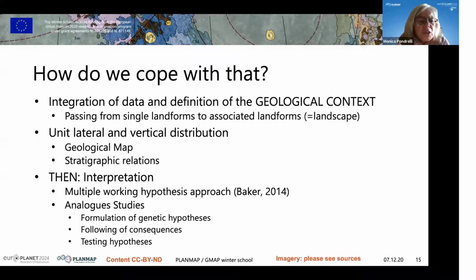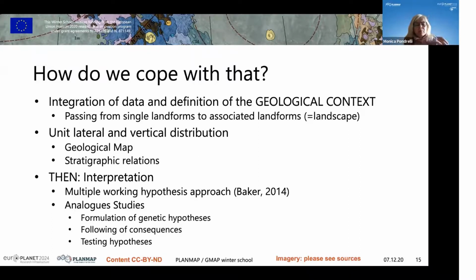In order to do this, we need to understand the lateral and vertical distribution of the different units, which means that we have to do the geological map and focus in doing that on the stratigraphic relations in order to understand which units are coeval.